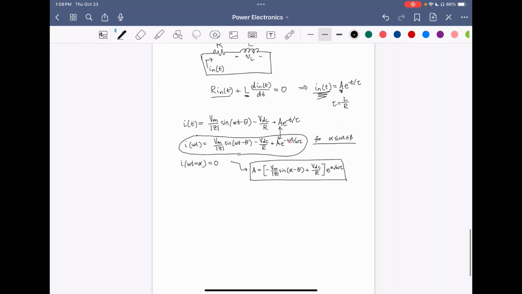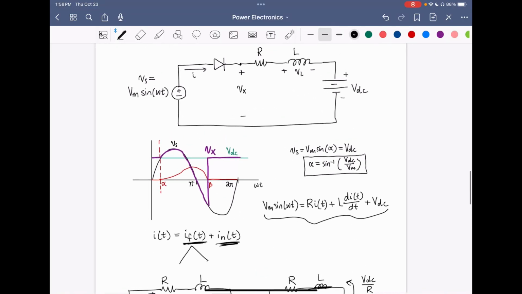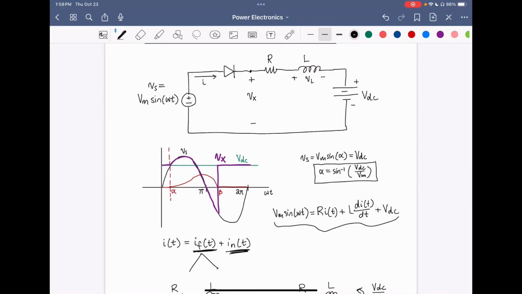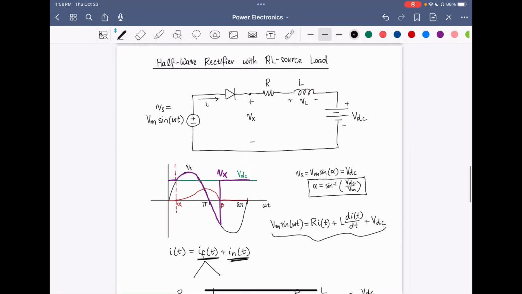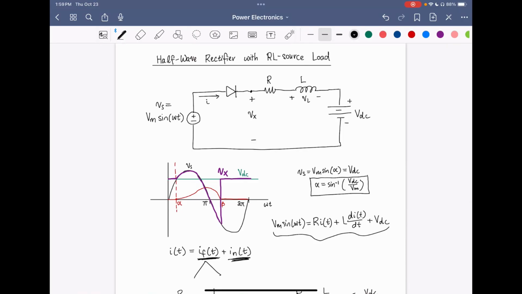And we've also found the voltage Vx across the load. So overall, this circuit supplies power from an AC voltage source on the left to the DC voltage source. We've gone through the analysis to find the equation for the current circulating through the circuit, as well as the waveform for Vx. I hope you found this video helpful to further your understanding of rectifiers.